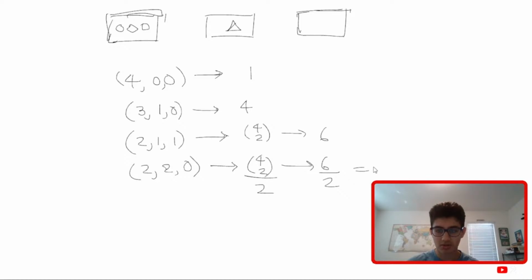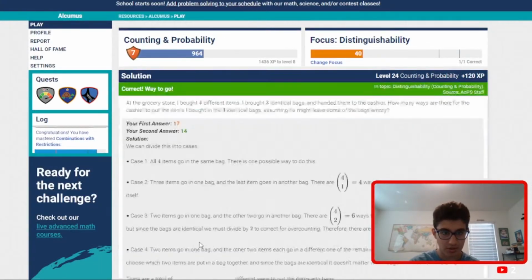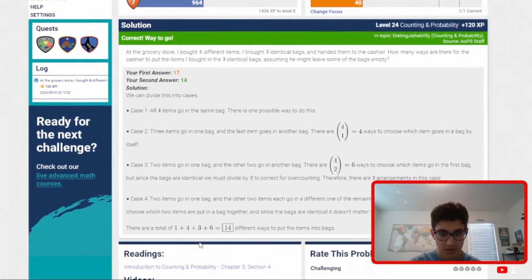I think that's the only thing that makes sense as to how I messed it up this far. I think this has to be my mistake. So then you add these up, you get 14 instead. I'm pretty sure that's right because everything else seems correct. So it's hopefully 14. Okay, yeah.